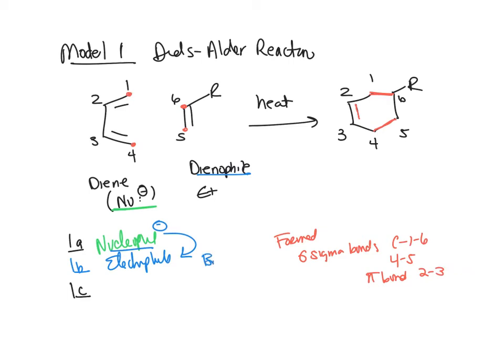Bonds broken are the pi bond between carbon 1 and 2, the pi bond between carbon 3 and 4, and the pi bond between 5 and 6.